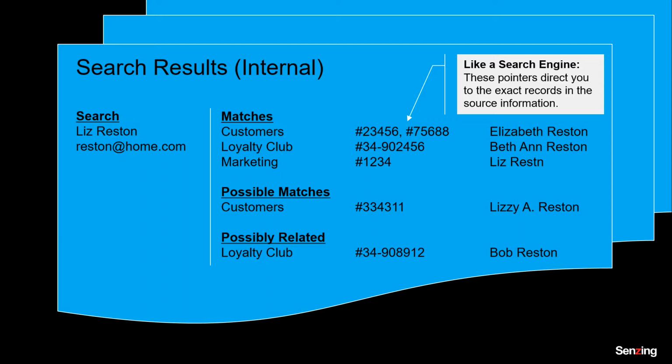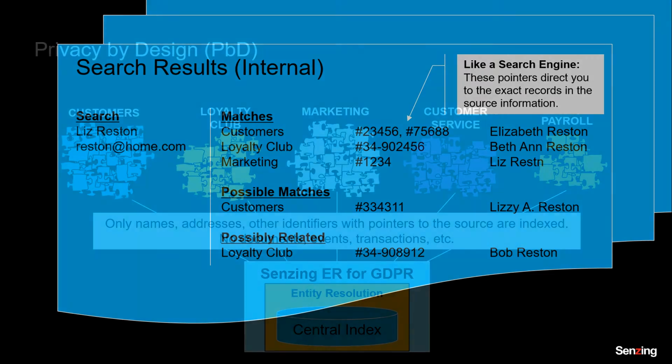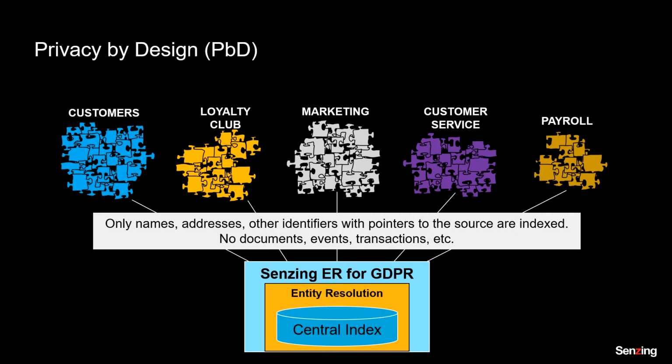Finally, another important and unique aspect of Senzing entity resolution for GDPR. We built our technology from the ground up using privacy by design principles to reduce the risk of unintended disclosure. We minimize the amount of data we index, and we offer selective hashing so selected fields can be stored more securely.